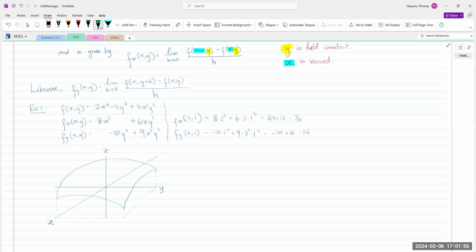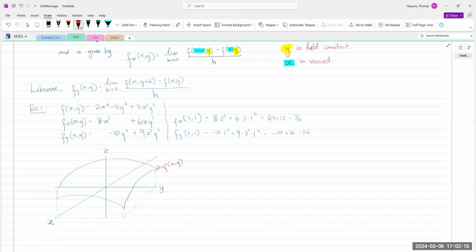So let's say we have that surface. Now, what is the first derivative of a function? So let's say this is our z, the surface z equals f of x, y.